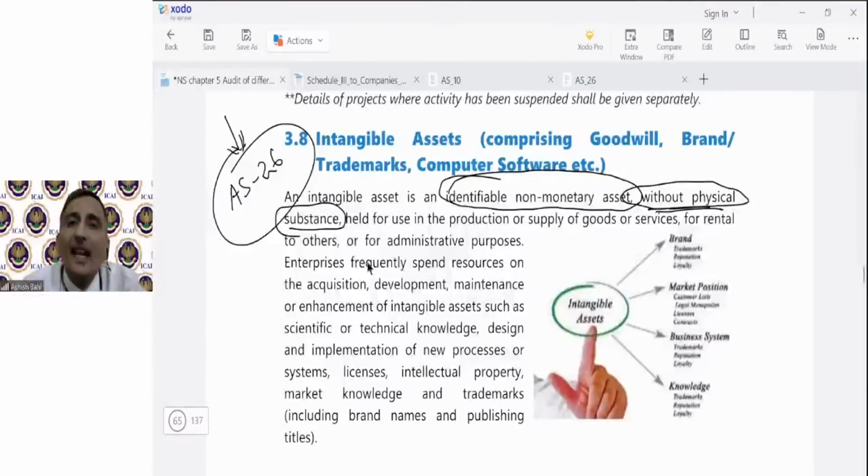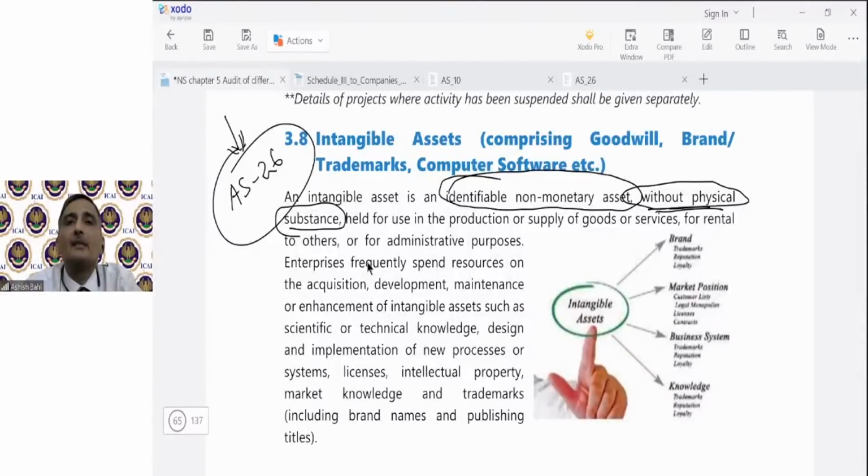It has no physicality. It cannot be touched, like a patent, like a trademark, like a copyright, like a software.